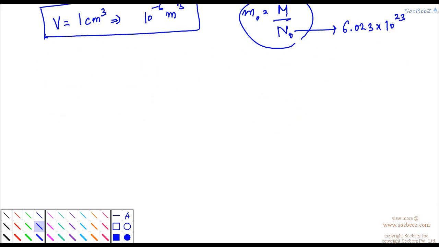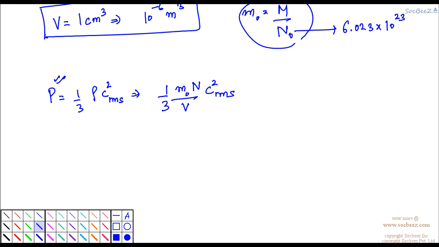Now if we substitute in the formula we learned earlier, pressure equals 1 by 3 into rho into C square RMS, or 1 by 3 into m naught into n upon V into C square RMS, we can get the value of n, because we have the pressure, the volume, m naught since it is hydrogen gas, and C RMS. So n equals 3 PV upon m naught into C square RMS.